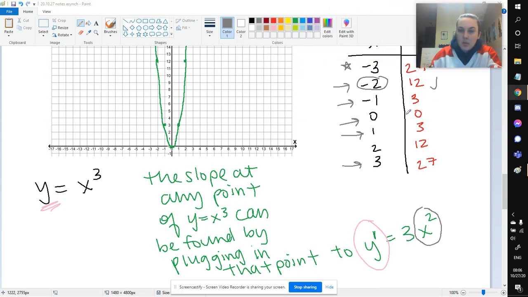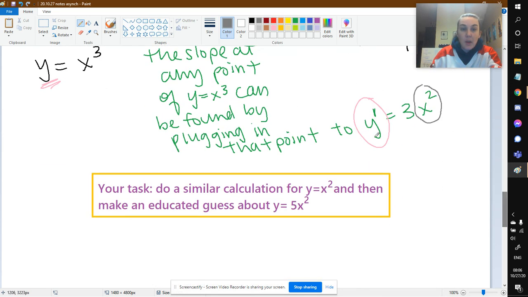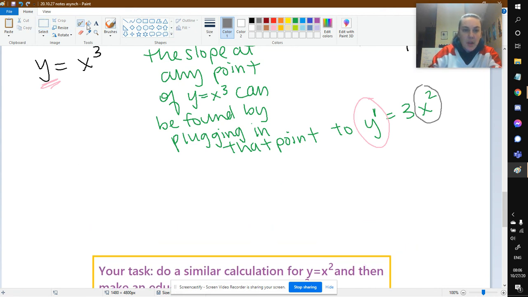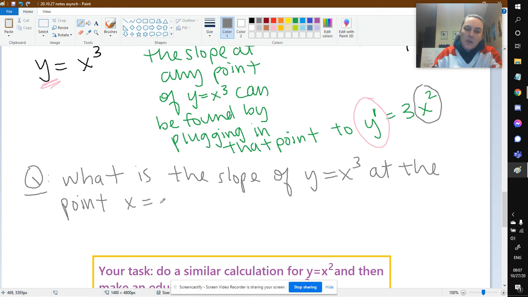So now a reasonable question, and this would not have been reasonable at the beginning of this task, a reasonable question for me to ask is now, what is the slope of the line y equals x cubed at the point x equals 4,193, right?